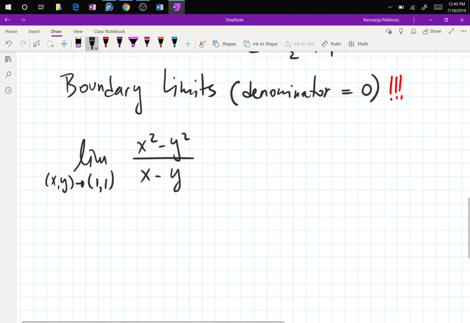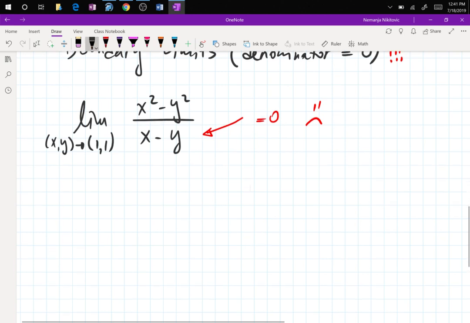But when you plug 1, 1 in the denominator, you get 0. And that means that we have to do work. So luckily for us, this problem is very easy in the sense that we can factor the numerator using the difference of squares and then just cancel and be done. So the answer for this one is clearly 2.